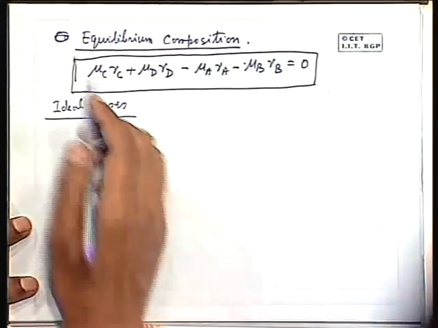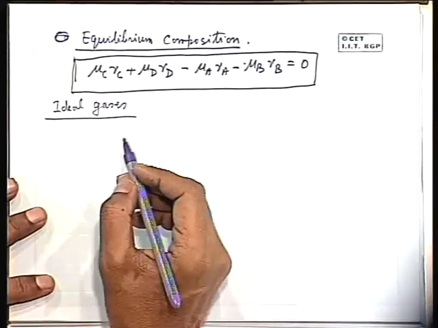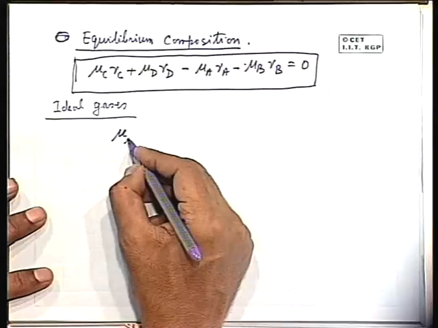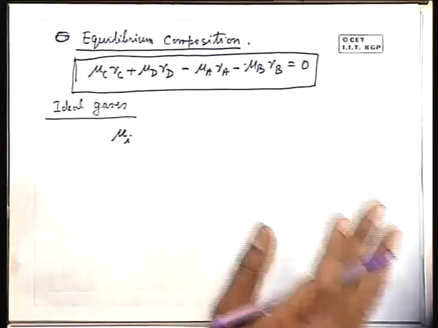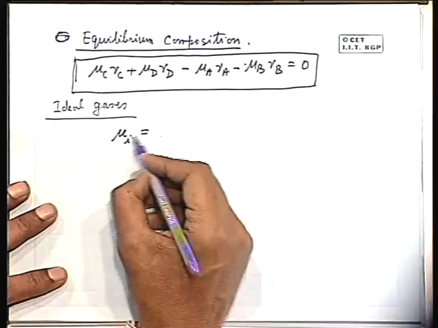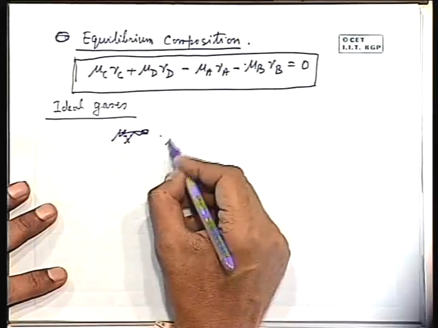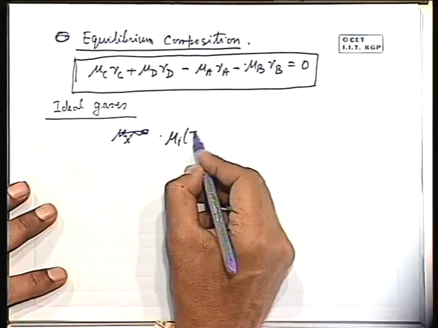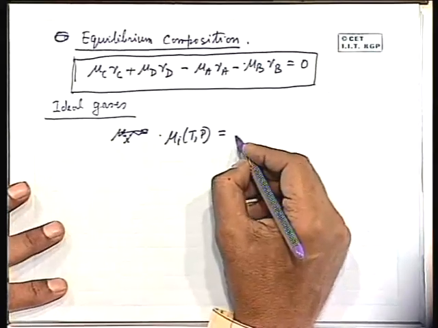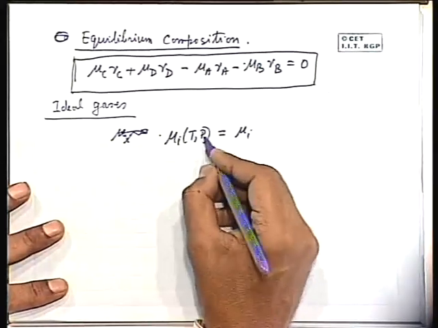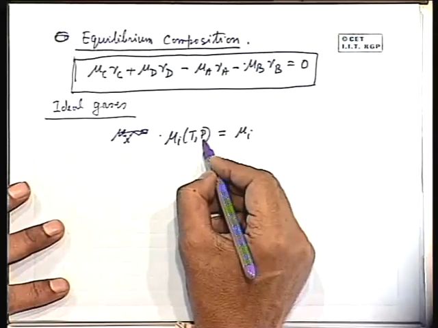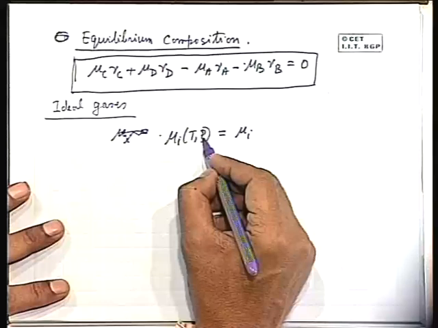All right. Now for ideal gases, we can write the chemical potential μ of the ith component, which is an ideal gas. I am not repeating ideal gas again and again. This is a function of temperature and pressure, and can be written as its value at this temperature and pressure, where the pressure is the pressure of the ith component, the partial pressure.